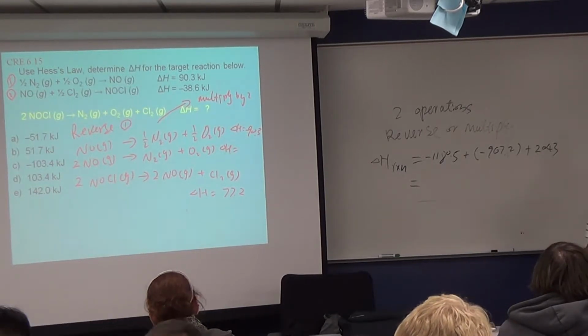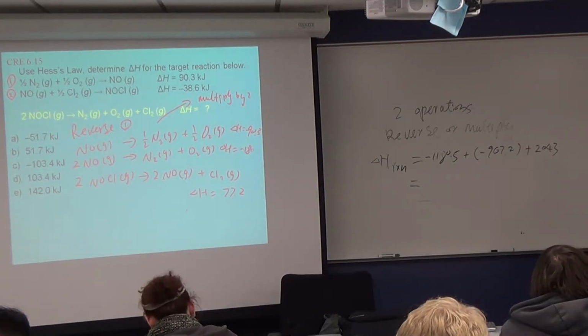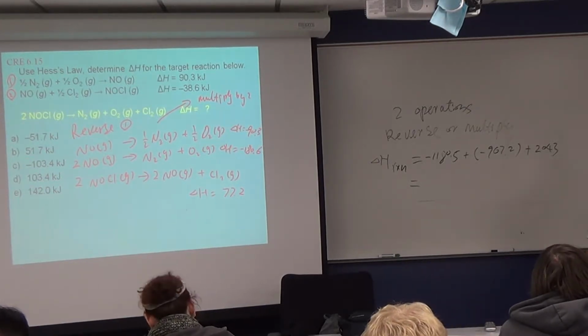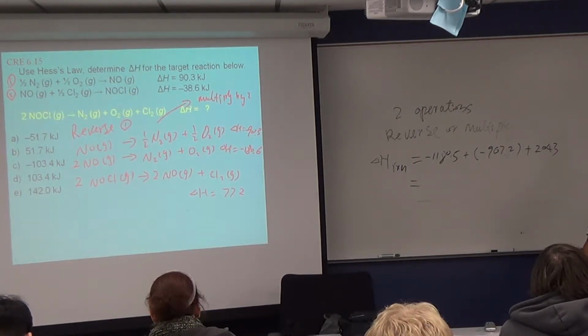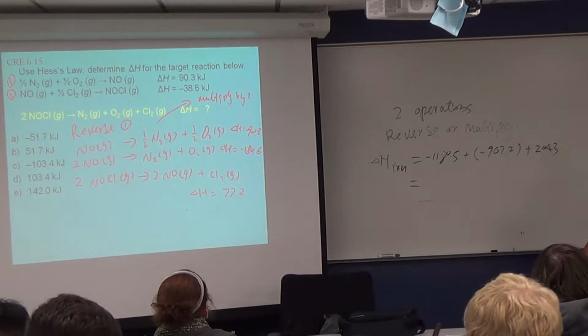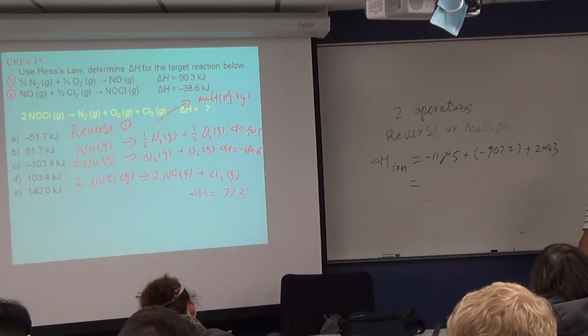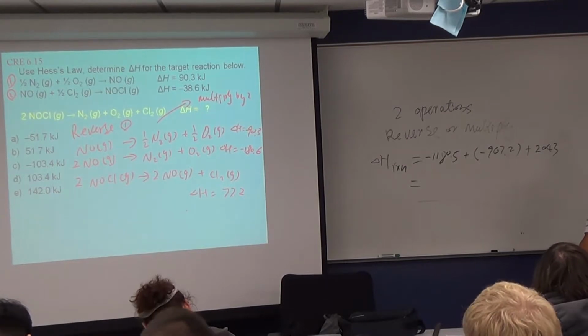You multiply by 2, right? Very good, Judy. So therefore we get negative 180.6. You simply take 90.3 and multiply by 2. Negative 90.3 and multiply by 2. So you kind of get them ready, but always do a check.